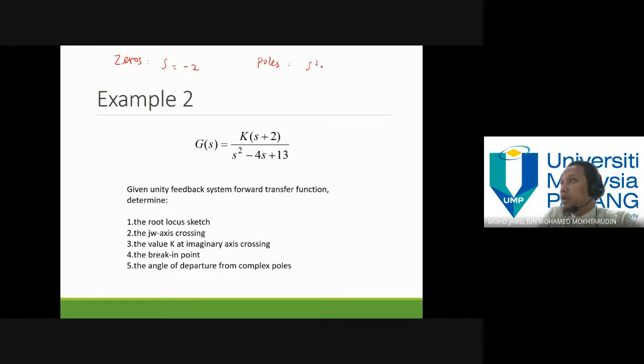So s squared minus 4s plus 13 equals 0. So you need to use a calculator for this. So you will get s equals 2 plus minus 3j.